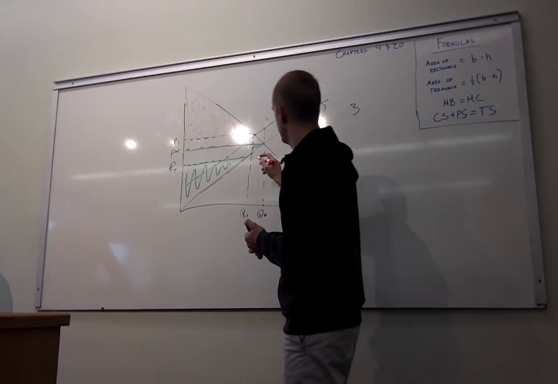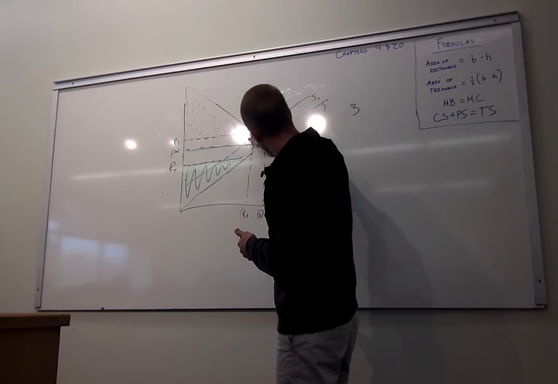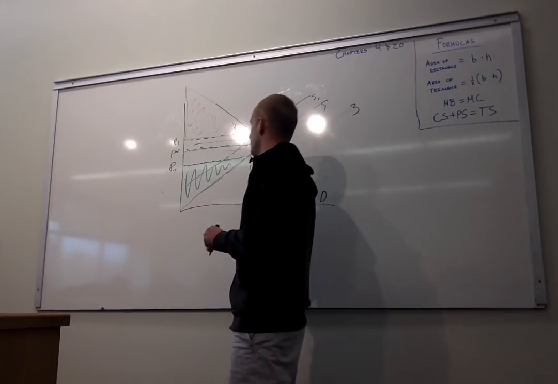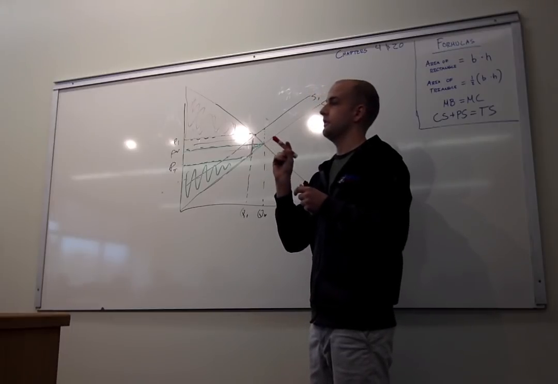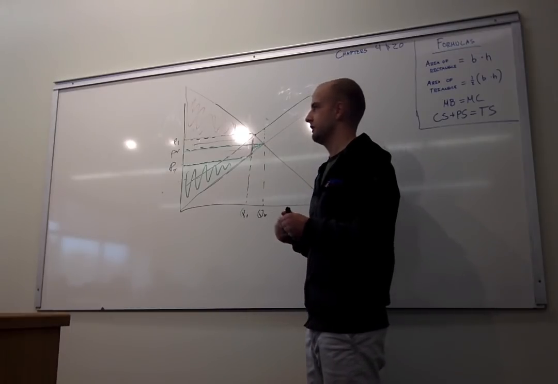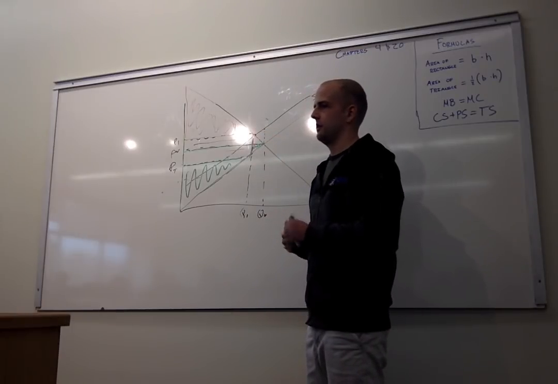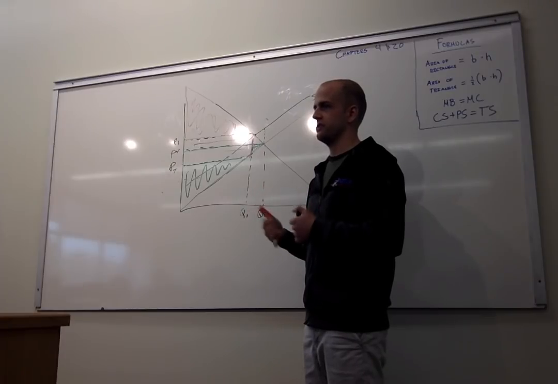And now, since we have this area here, what does that rectangle represent? It's tax revenue to the government. And then what is this triangle? Deadweight loss. So someone explain to me why this is not efficiency in the market.